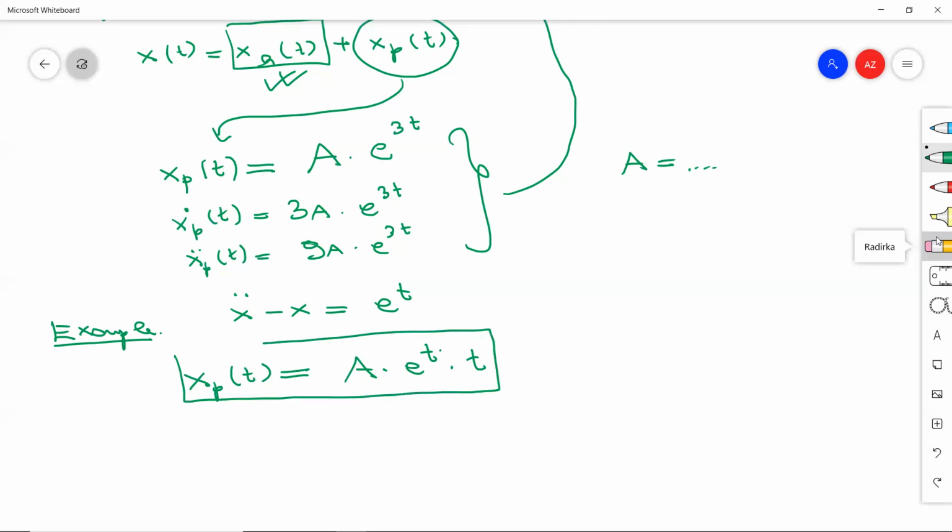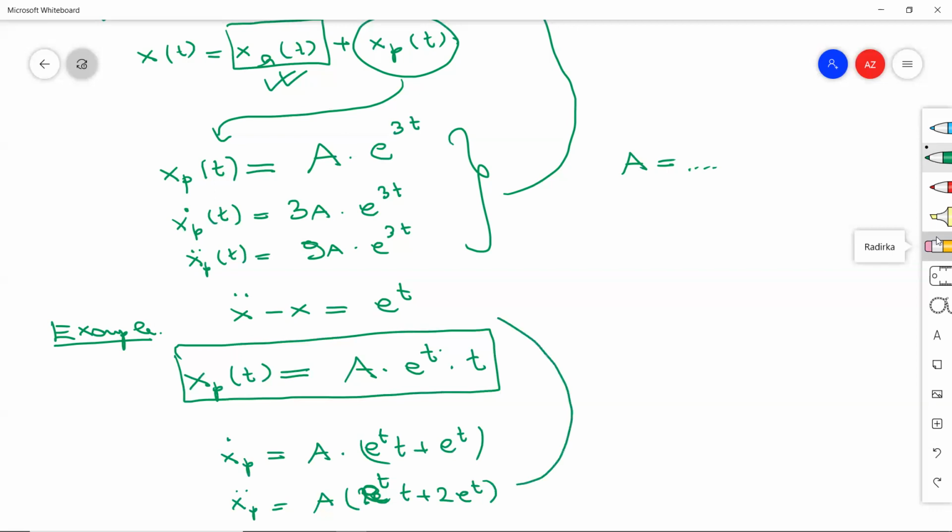But it turns out that in this case, we can add t, and this works. So we can do it quickly. The derivative is a times e to t times t plus e to t. And then the second derivative is a times e to t times t plus 2a e to t.